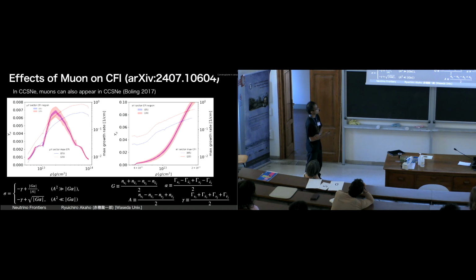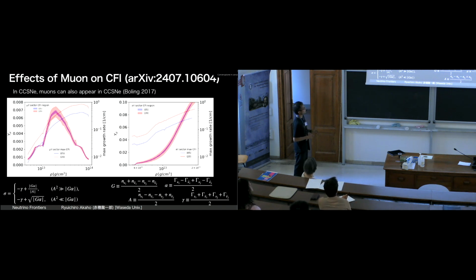They are thought to appear in the supernova environment. So this shows where the CFI can be triggered by the existence of muons by picking up a single core-collapse supernova simulation model.